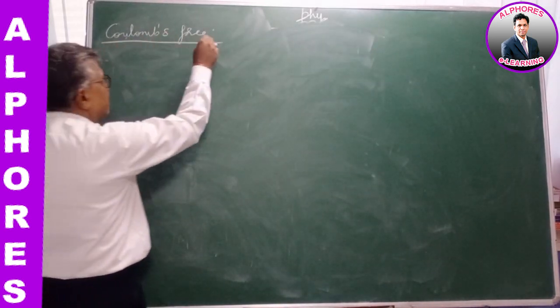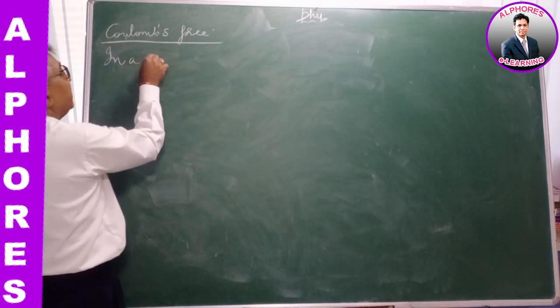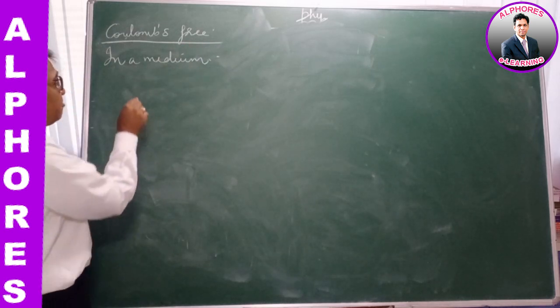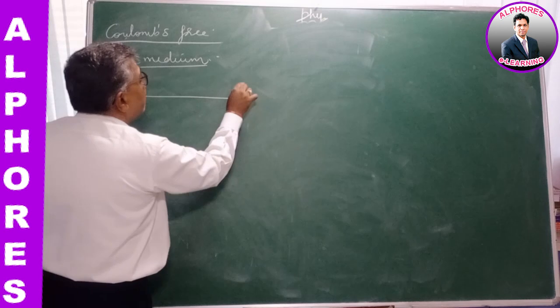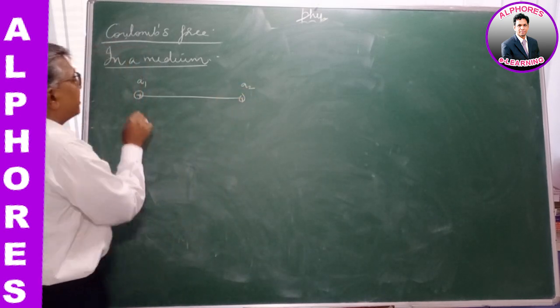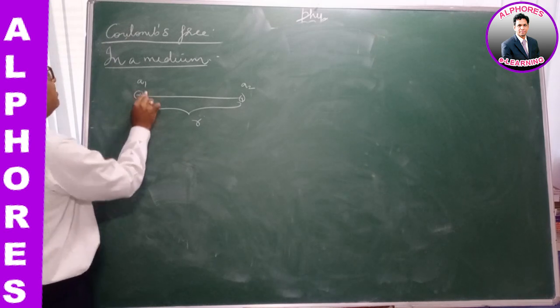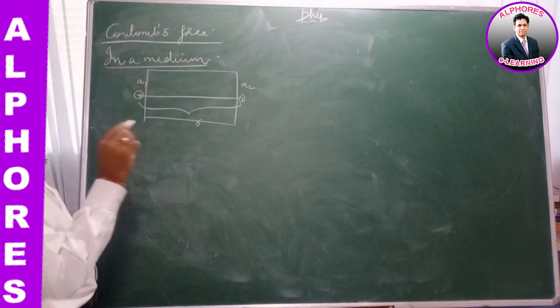Now, Coulomb force between two charges in a medium. Let's consider the point charges Q1 and Q2, separated by the same distance R, but between them there is a dielectric medium, an insulating medium.